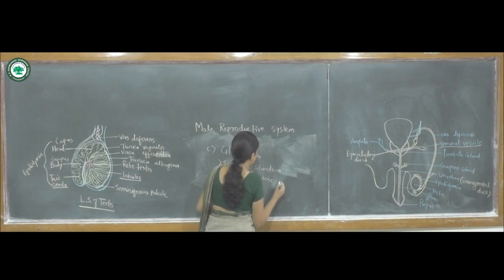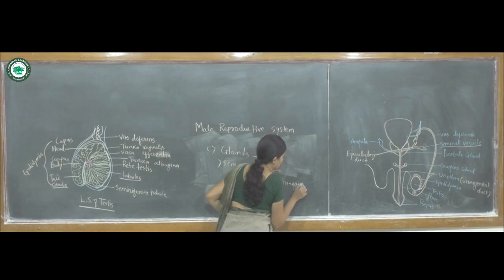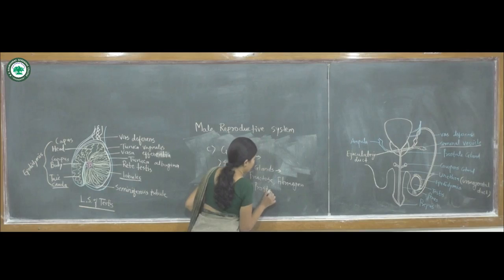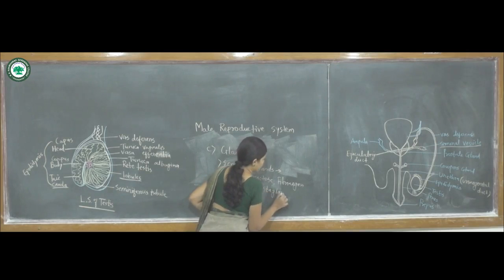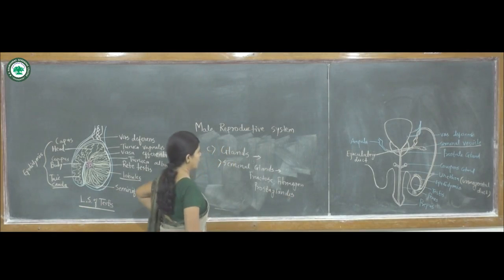The seminal vesicle produces fructose, fibrinogen, and prostaglandins.